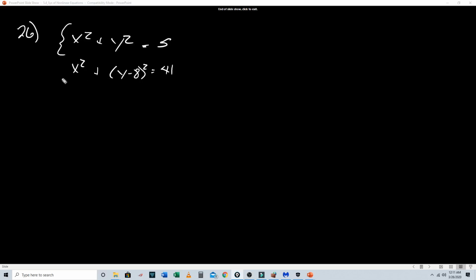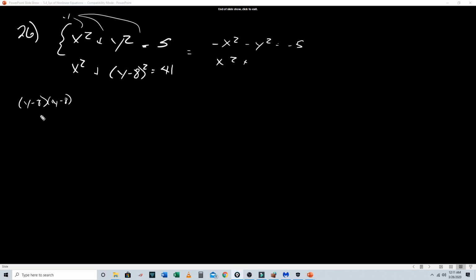So here it's just honestly going to be easier to do the elimination method. I'm going to change this whole top row to negatives. So multiply the top row by negative 1, which is going to give me negative x squared, negative y squared equals negative 5, and x squared plus, I'm going to go ahead and multiply that out, y minus 8 times y minus 8.